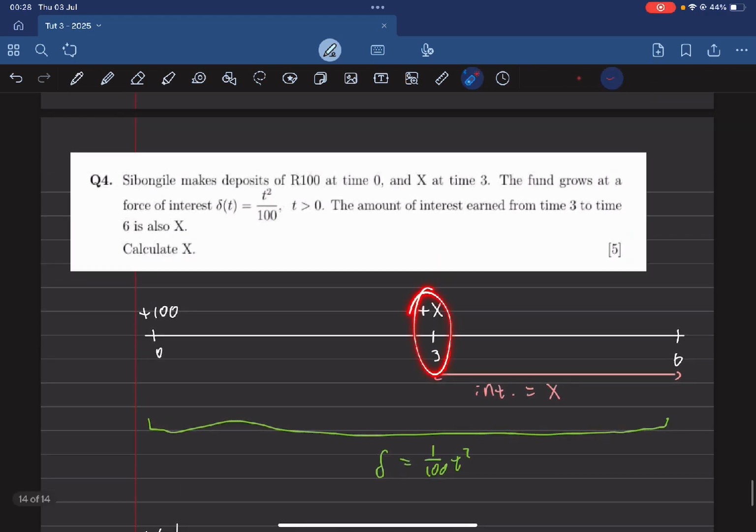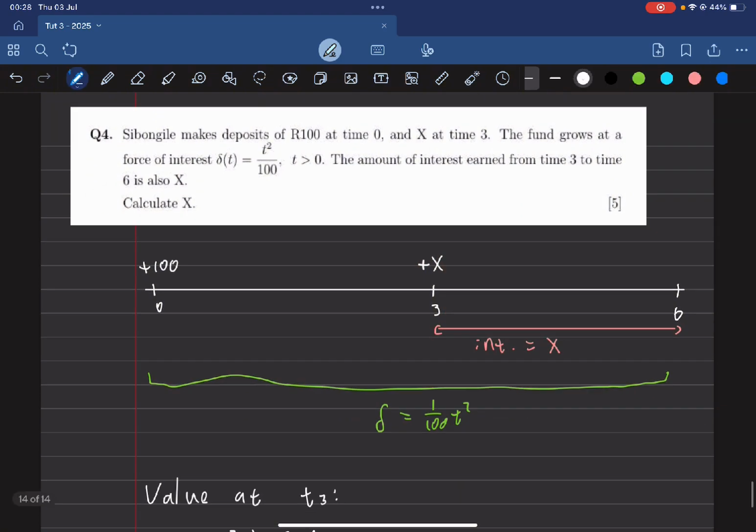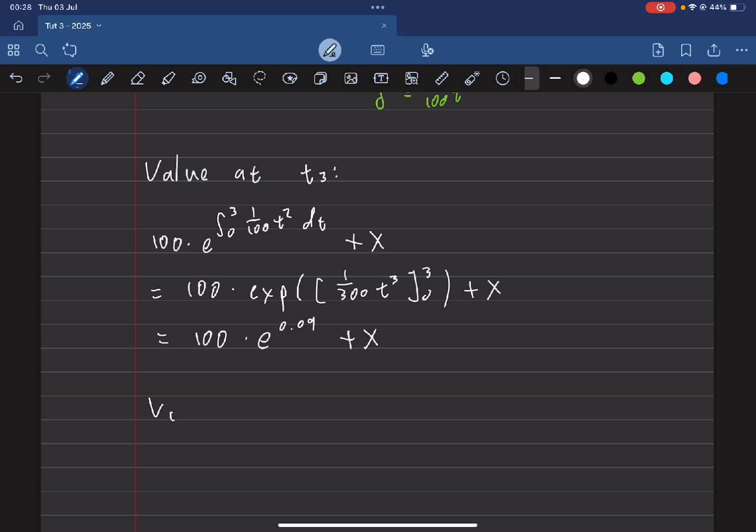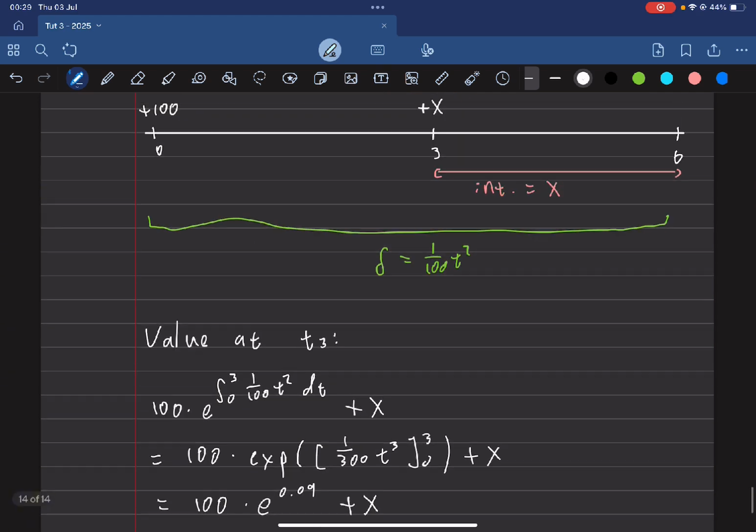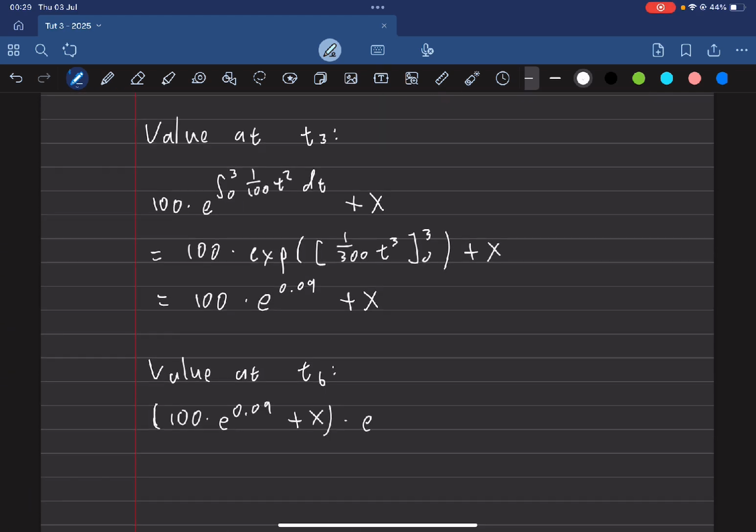Now we want to take all of that and move it forward another 3 years. The value at time 6 is the whole amount, 100 e to the 0.09 plus X, times e to the integral from 3 to 6 of 1 over 100 t squared dt.